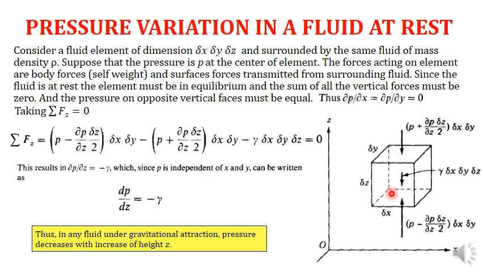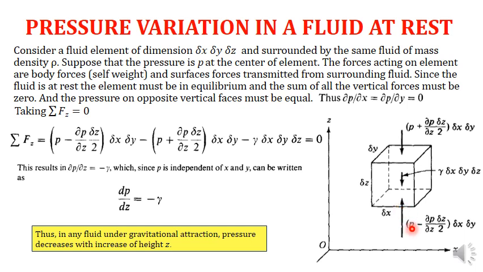Now if we talk about the bottom surface, the pressure at the center point is P, and at the bottom level we subtract the change of the pressure, because we come from the center to the bottom, which is in the opposite direction. So you are subtracting the differential change in the pressure from the center till the bottom surface.